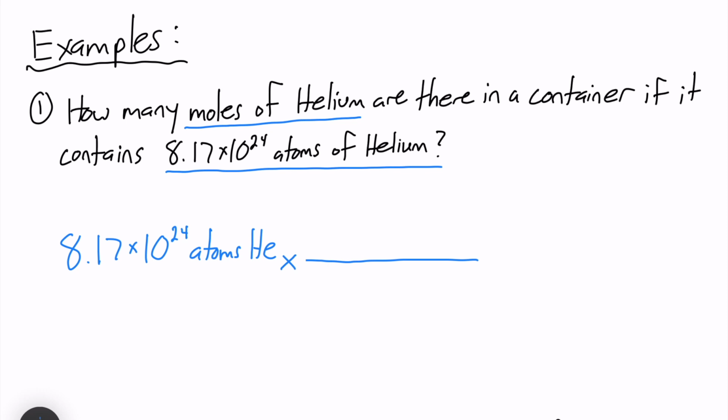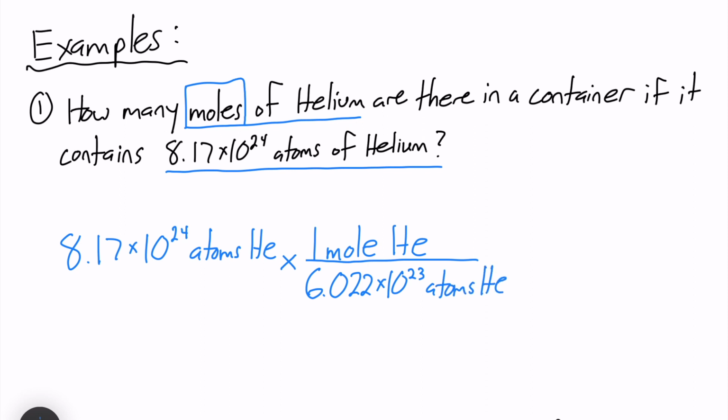So our question is asking for moles of helium, and we know that for every 1 mole of He, there is going to be that magic number that we talked about at the very beginning of this video. There's going to be 6.022 times 10 to the 23 atoms of helium. So we will put that on the bottom there.